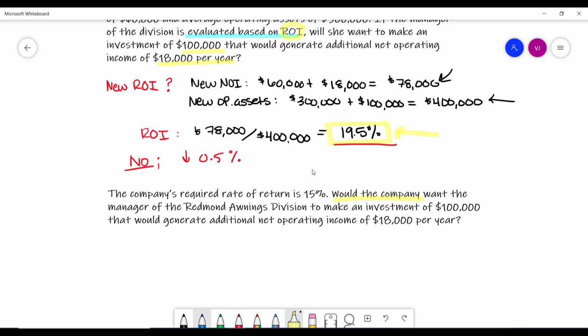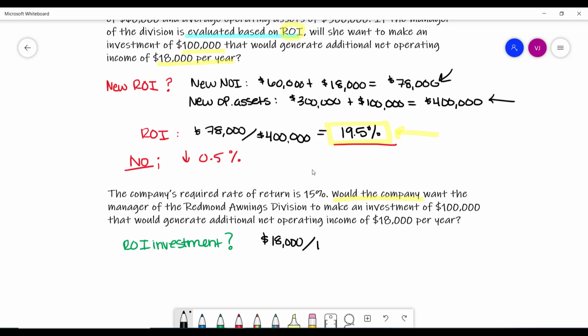Well, we found the impact that the investment would have on the division's ROI. But what's the ROI of the investment? Well, we can find that. What's the net operating income we think the project would generate? $18,000.